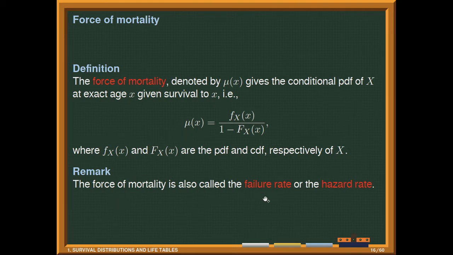The force of mortality is also called the failure rate or the hazard rate. We usually use the term force of mortality if our random variable x represents human lives, like what we're dealing with. Otherwise, if x does not represent human lives, it's usually referred to as failure rate or hazard rate.